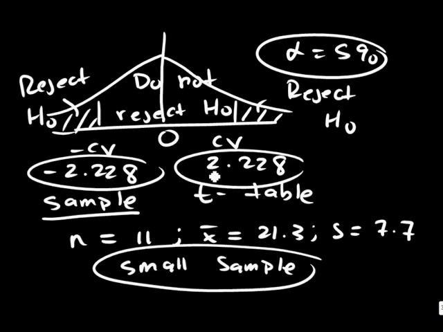Our test statistic is 1.12, which means it's around here somewhere. It's not quite 2.228. In fact, it's about half, approximately. So it's halfway to the critical value. It's positive, so it's around here. Point being, it is clearly in the do not reject the null hypothesis region.